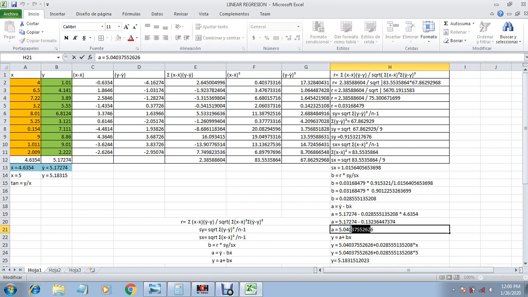When we get the value of a, we operate over y, the last equation. The last equation tells us to multiply a plus b multiplied by x. The x can be any value. You can input one of these values, approximate to one of these values. I got this 5.25.